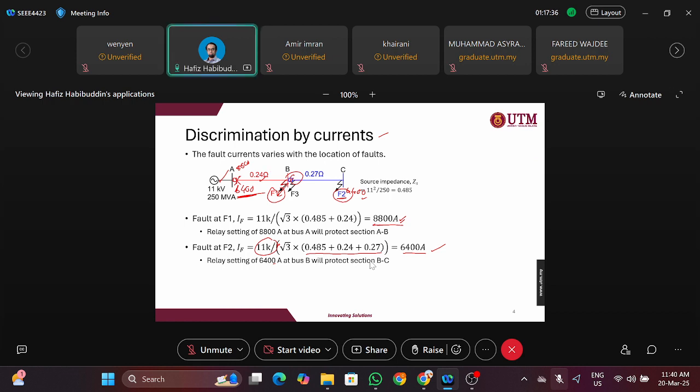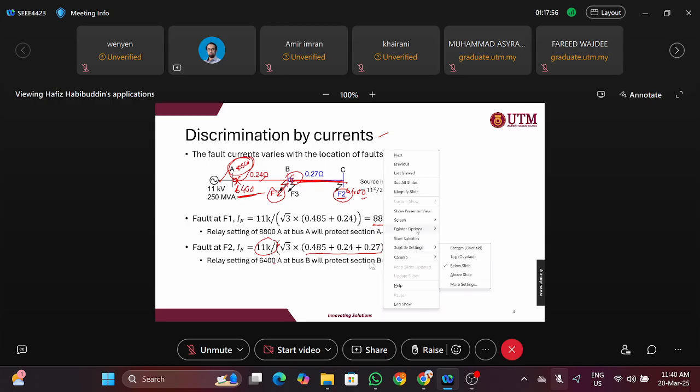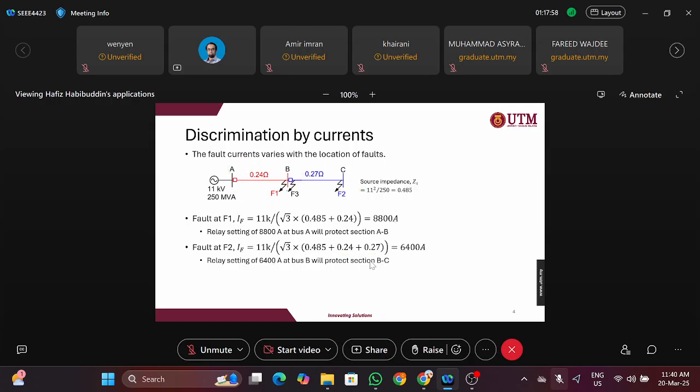So a fault within this area, the blue one, shall not cause this relay to trip, because the relay setting is 8800, whereas the fault current here is going to be this. Here comes the problem. Now, a fault at this location, F3, should be dealt with by this breaker, right?